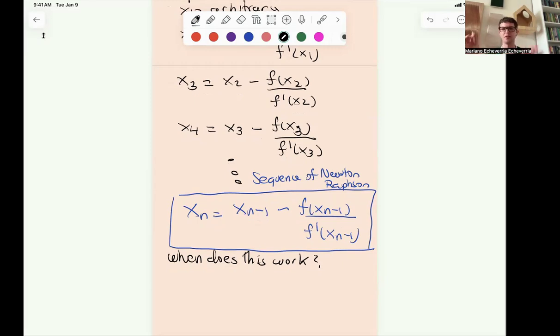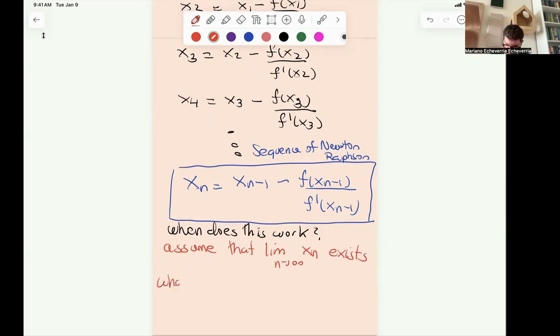Okay. So for now, let's assume that the sequence converges. What can you say about the limit? And then I will return to when can we say that the limit exists? What can we say in this case?